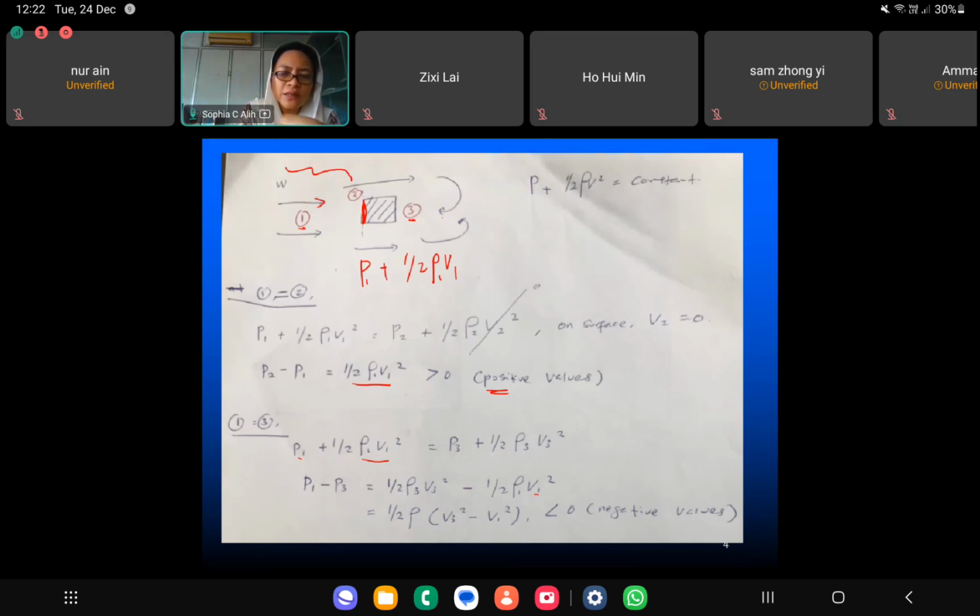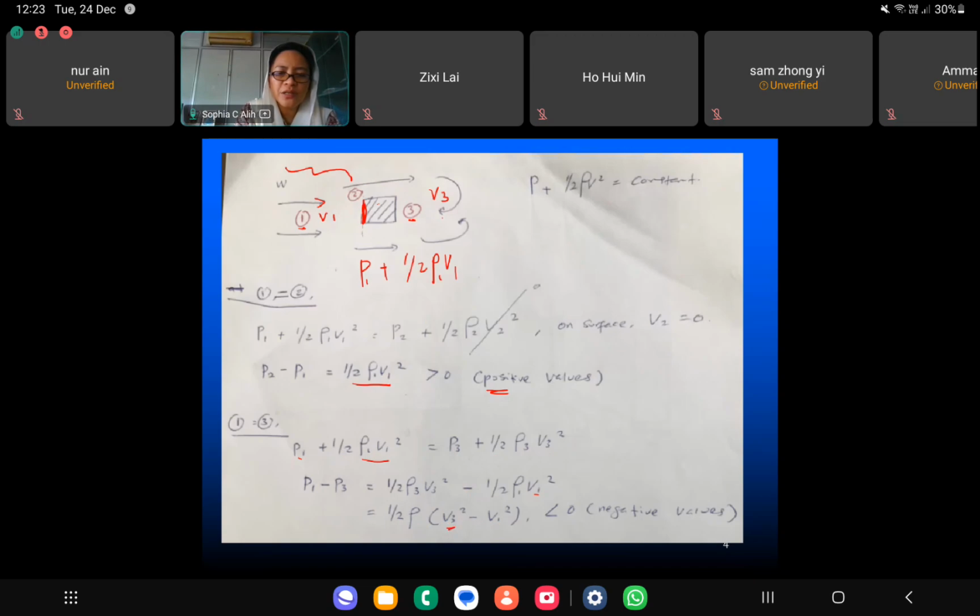So you can see here the velocity of wind on area number 1 will always be higher than area number 3, right? Because in area number 3, the wind velocity has already been reduced by this structure. In other words, V3 is smaller than V1, and if I subtract this, it's going to be negative.